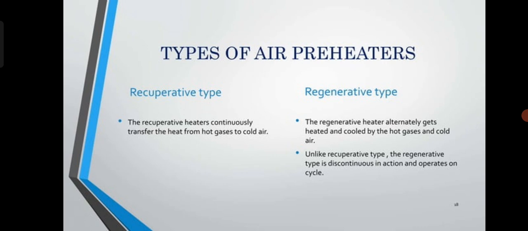Recuperative type heaters continuously transfer the heat from hot gases to cold air. In the regenerative type, the heaters are alternately heated and cooled by hot gases and cold air. Unlike the recuperative type, the regenerative type is discontinuous and operates in a cycle.